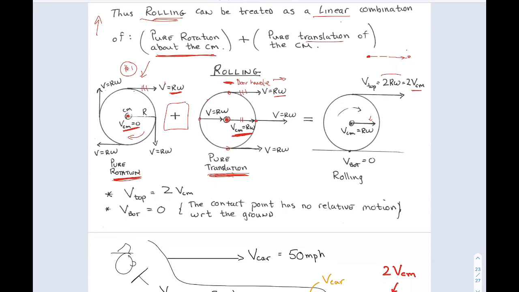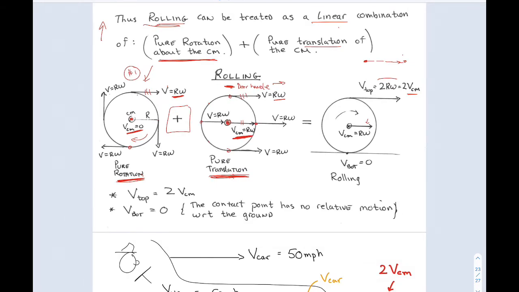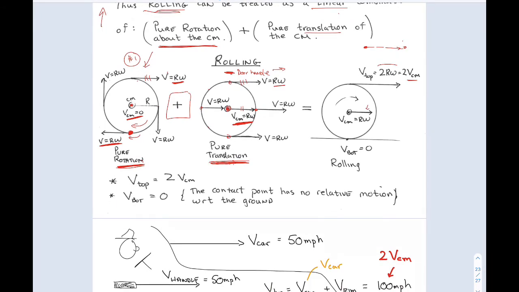Now the bottom is kind of interesting. The contact point, where the tire touches the ground, is headed to the left with velocity r omega because it's rotating. But the bottom of the wheel is also headed to the right, with the same speed as the door handle and the rest of the car.